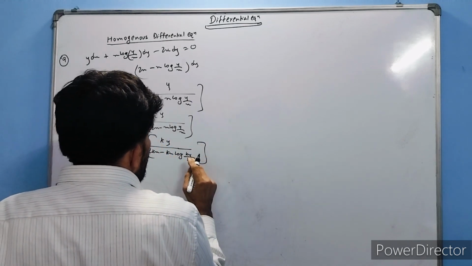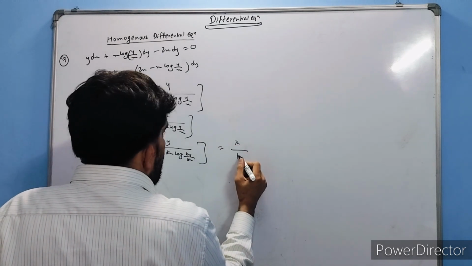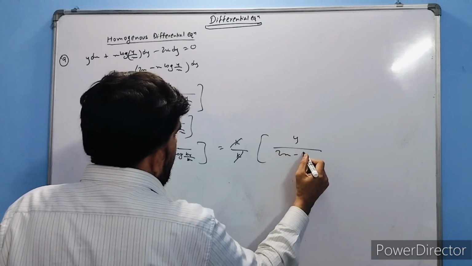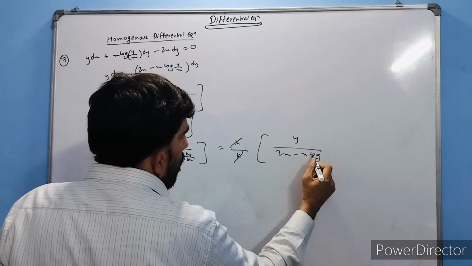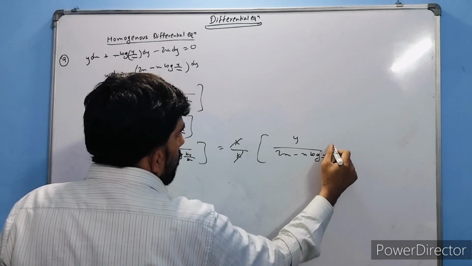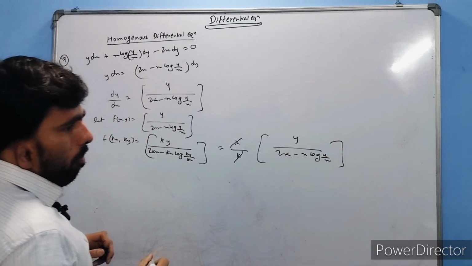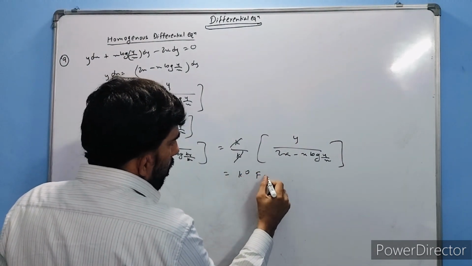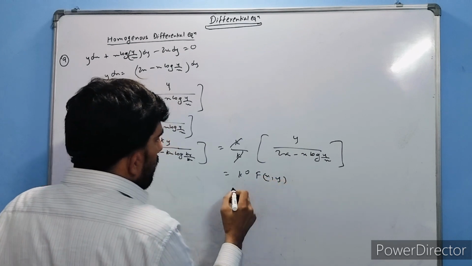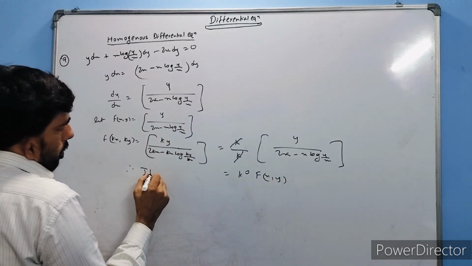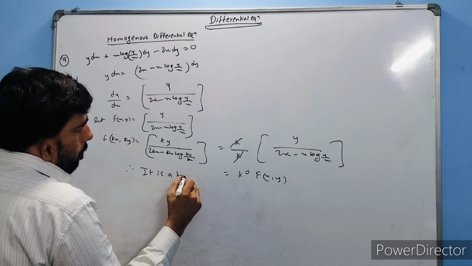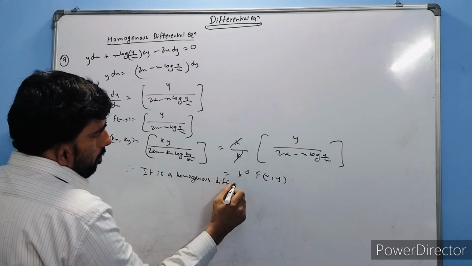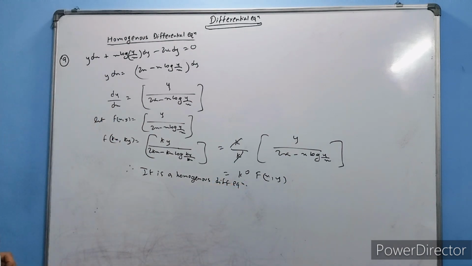Now I can take k common here, so I have y/(2x - x log(y/x)). So f(kx,ky) = k⁰ f(x,y), which means it is a homogeneous differential equation.